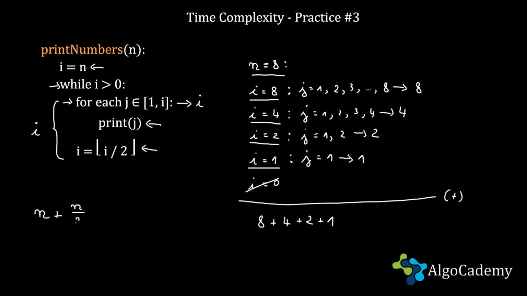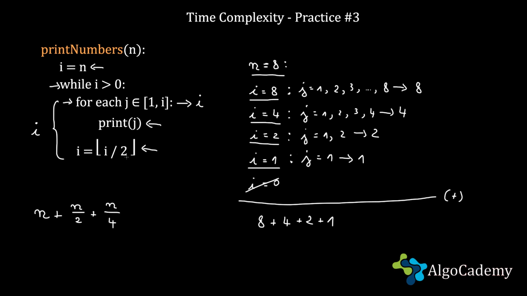I should theoretically write floor of n divided by 2, but let's just write n divided by 2. That's okay, we'll know that it is floor. Cool. Now, after this piece of code finished execution, my i is again half the value it was. So now I'm going to enter the while loop again with n divided by 4. So the next one is n divided by 4.